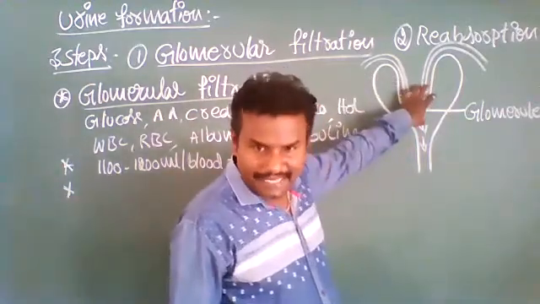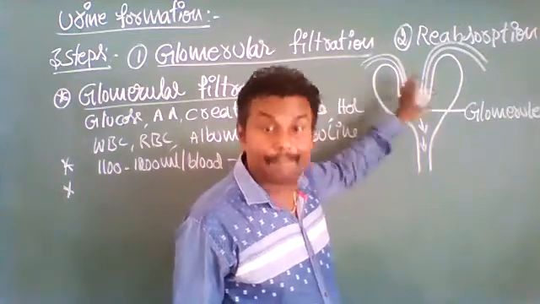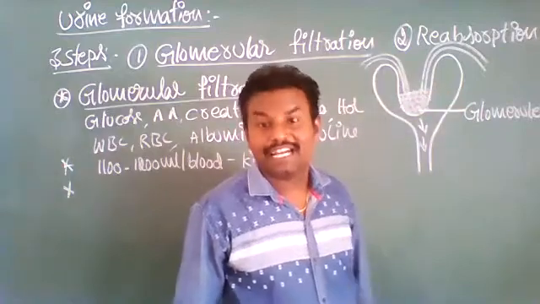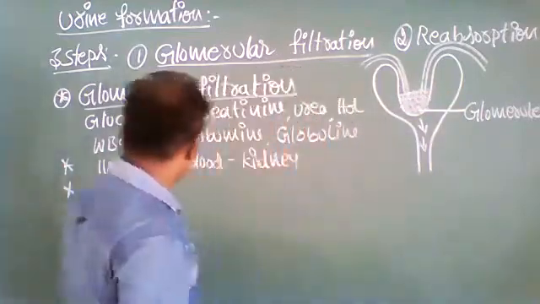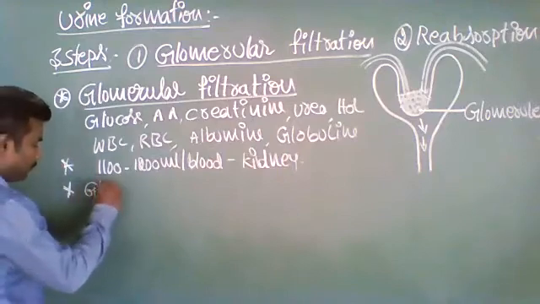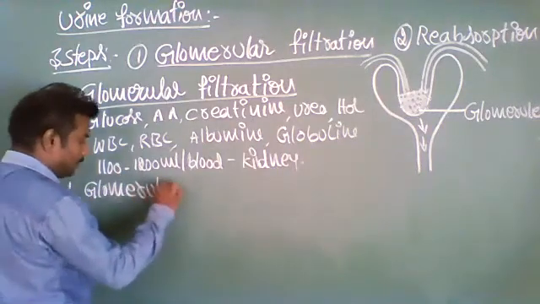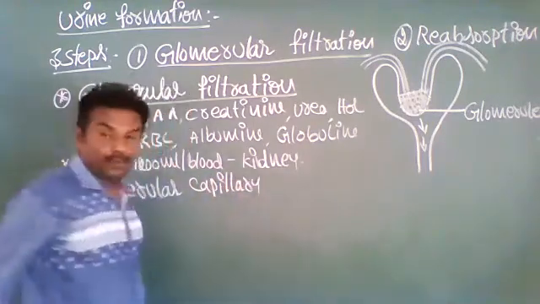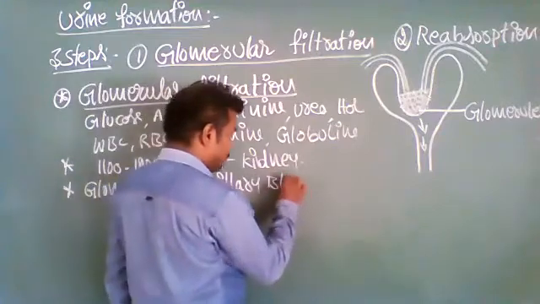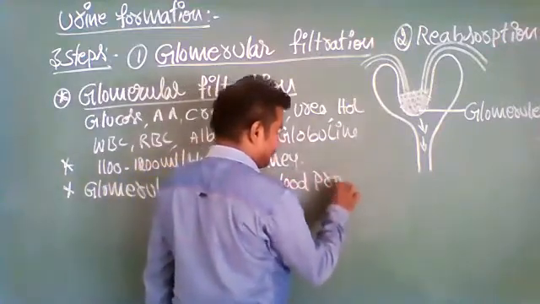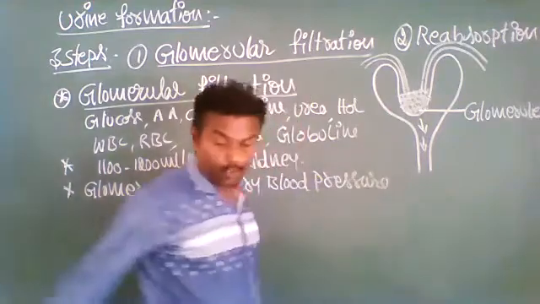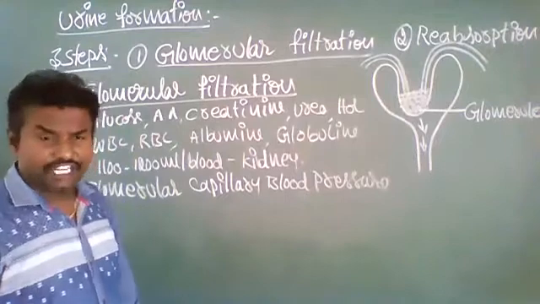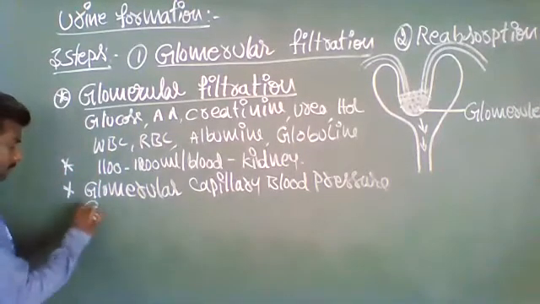The glomerular capillary blood pressure causes filtration of the blood through three ways.